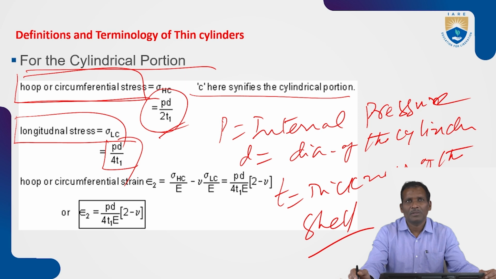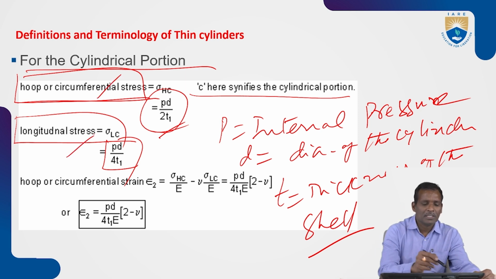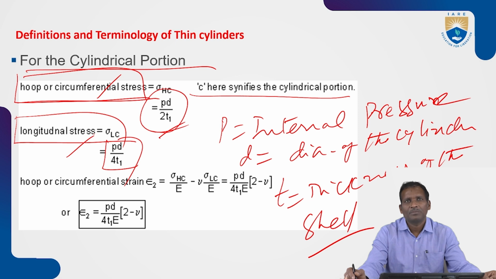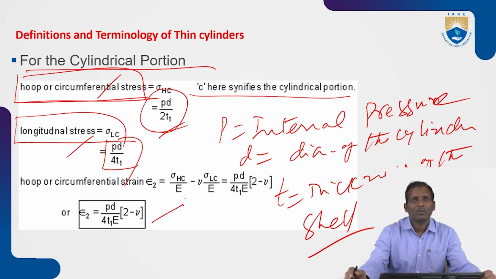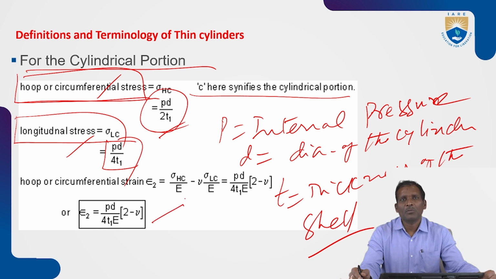The strain uses this formula: epsilon_2, the circumferential strain, is PD by 4T1E into (2 minus mu), where mu is the Poisson's ratio.